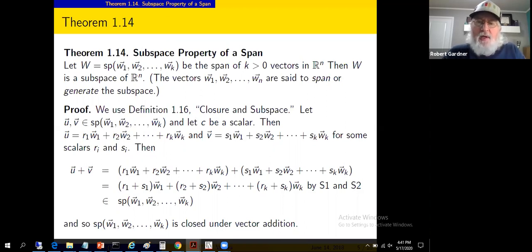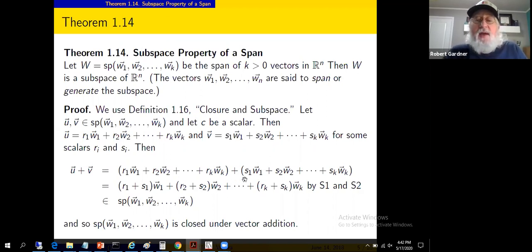Trying to see if this vector sum is a linear combination of W1 through W sub k. Well, there's a W1 and a W1. Let's use our properties of vector addition, commutativity and associativity, to move some things around. I'm bored of doing things at this grotesque level of detail that we did earlier, so let's skip a few arithmetic steps because they're becoming familiar.